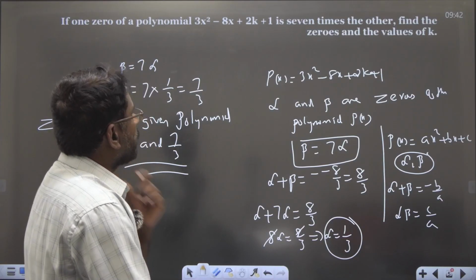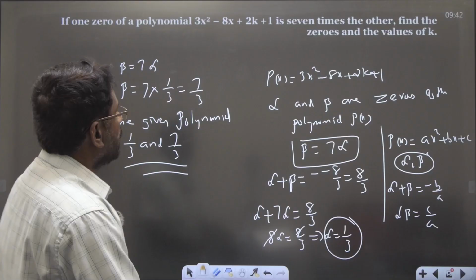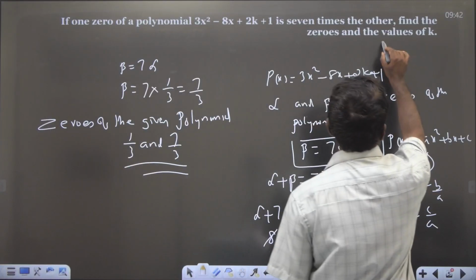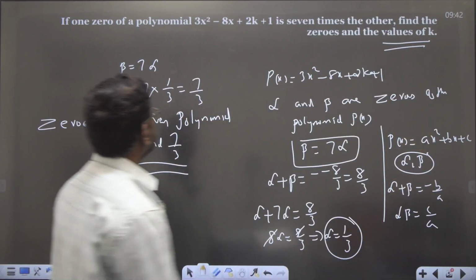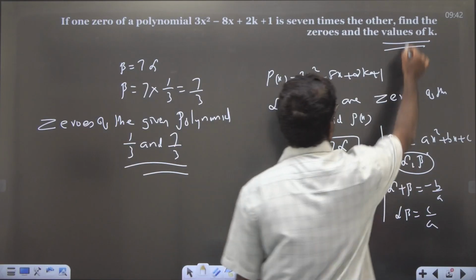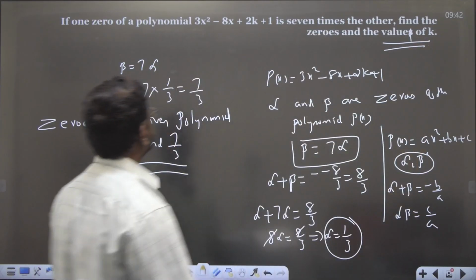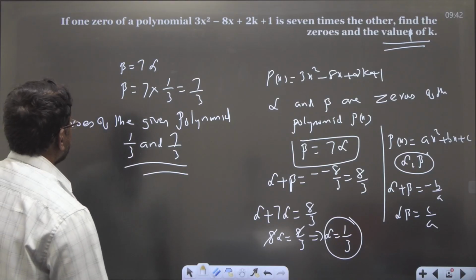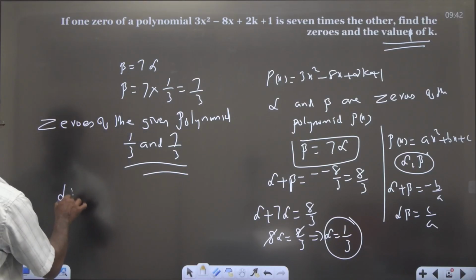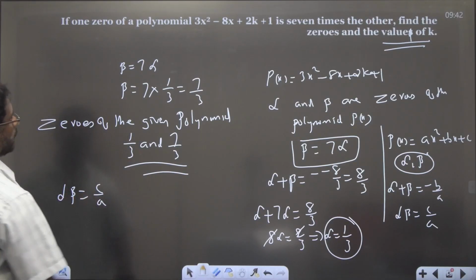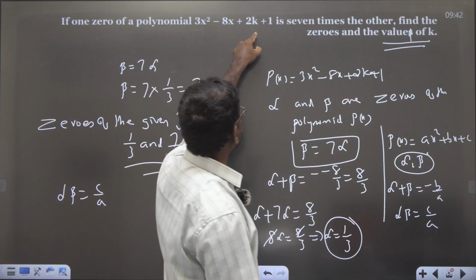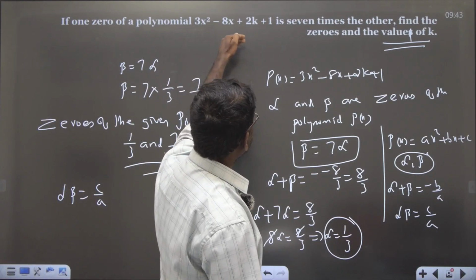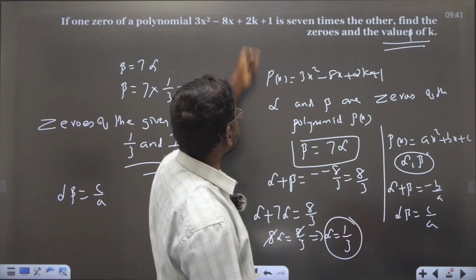Then one more part. We found the zeros, and the next question is to find the value of k. How can we find the value of k? Look here. What is alpha beta? Alpha beta is c by a. The k is lying in the constant part.